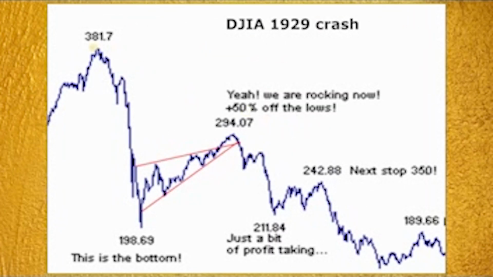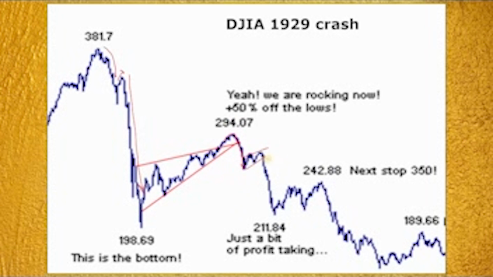So again, here's that first drop. We've got a little bit of a bounce, big drop here, and then we've got this wedge pattern over here, and prices just poked out of that wedge before diving down. But again, remember, it didn't go straight down. There were bounces.